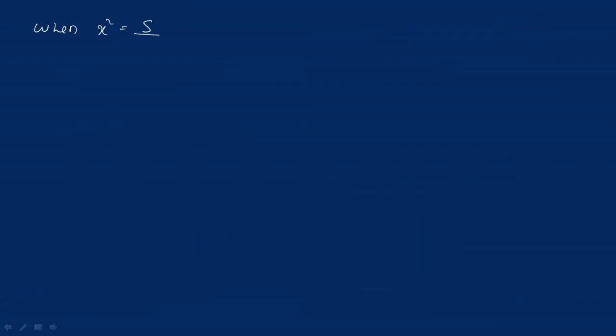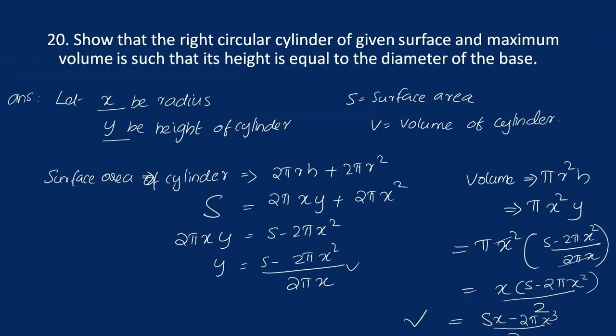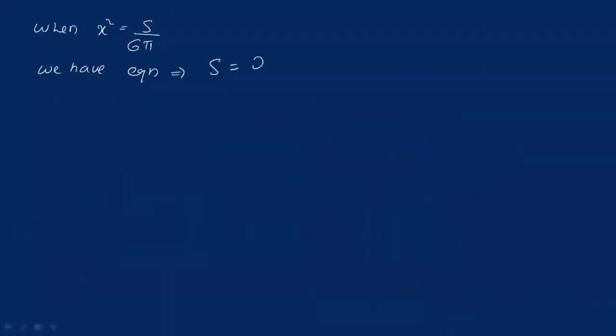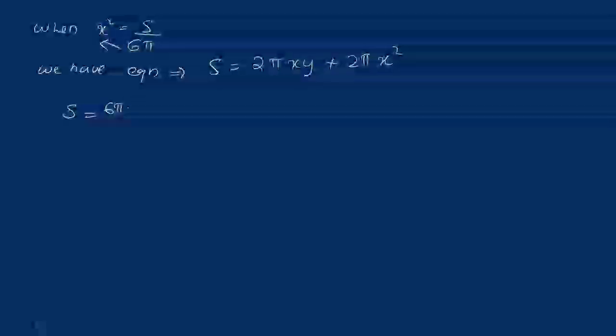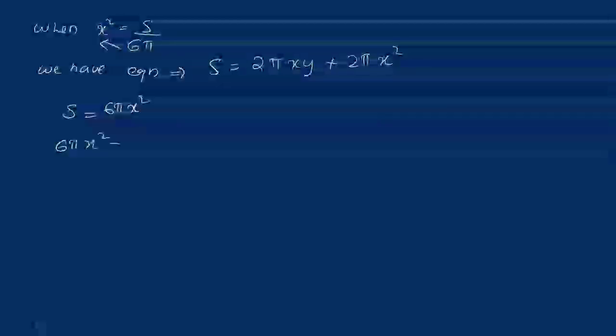Now when x square is equal to S by 6 pi, we have the equation for S, that is 2 pi xy plus 2 pi x square. Substituting that, we have S is equal to 2 pi xy plus 2 pi x square. If x square is equal to S by 6 pi, we can write S is equal to 6 pi x square.